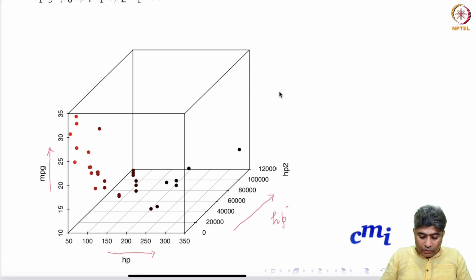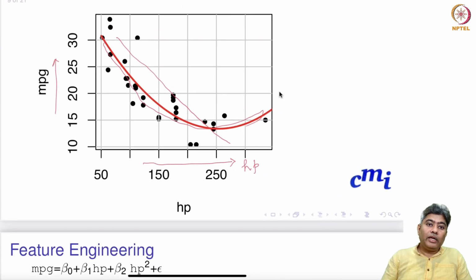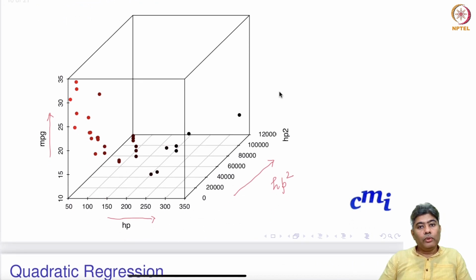So we are creating a third dimension. Our original data was in two dimensions, and by creating a third dimension, horsepower square, we are putting the two-dimensional data into a third dimension.